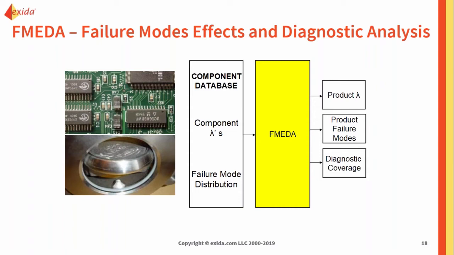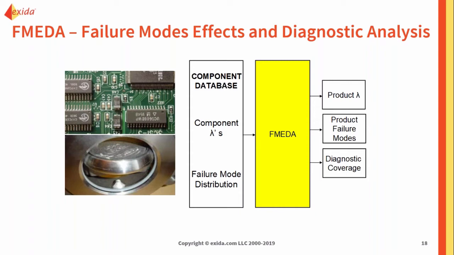We're going to look at any automatic diagnostics, look at how it's being used in the environment, how the device will be deployed. And then we can use the individual component failure rates and add them up to predict the product failure rate for the overall device.